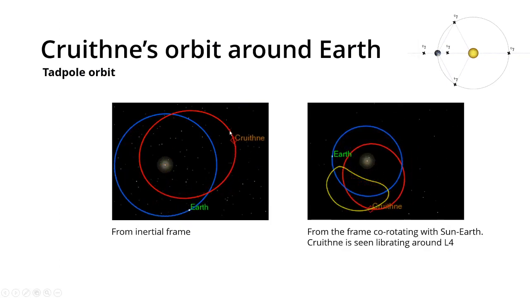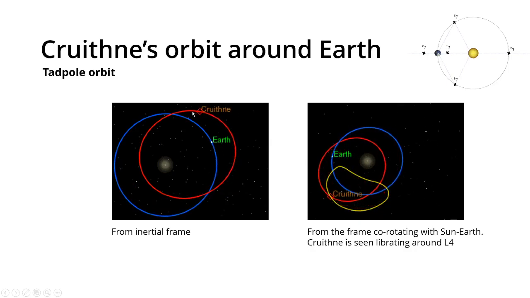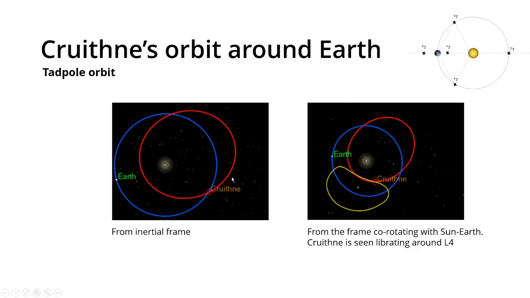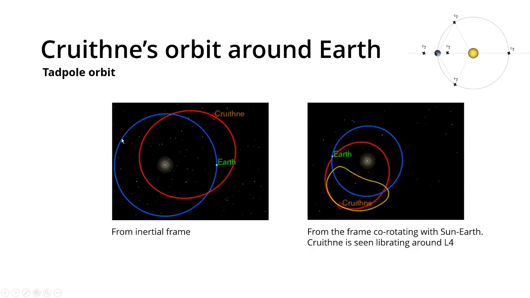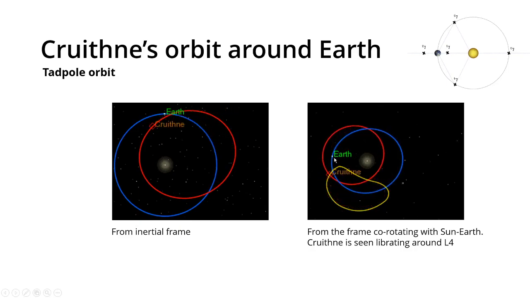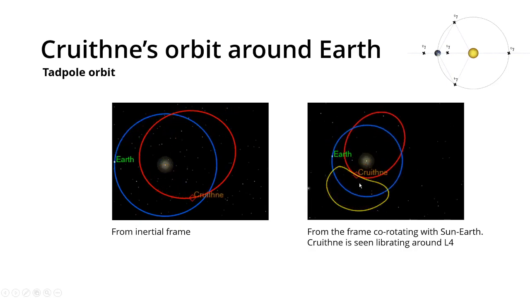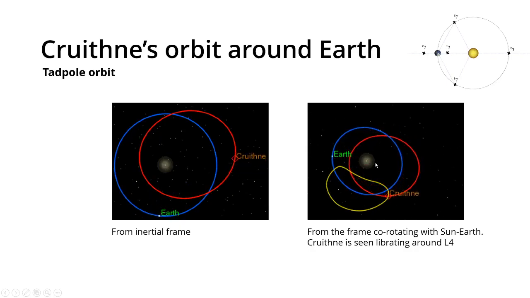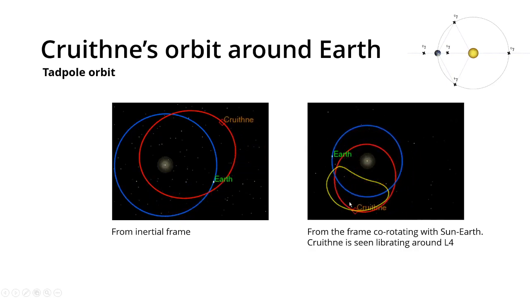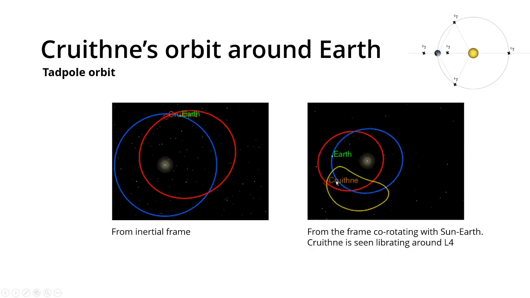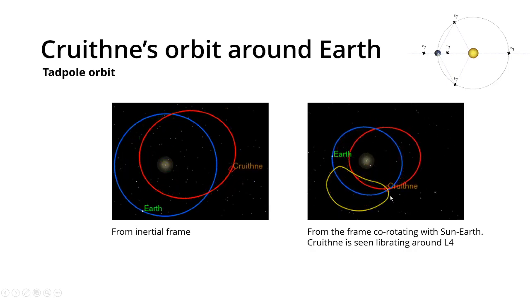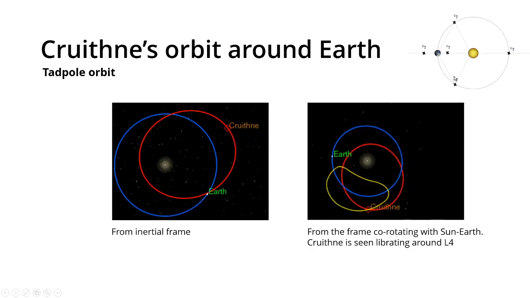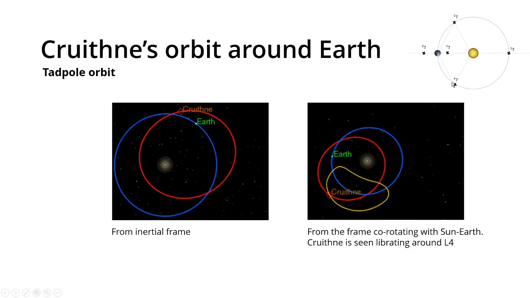So Cruithne is a space object. It's a big rock. It kind of makes sense if you look at it from here. Yeah, that's an elliptical orbit. This is the Earth in a circular orbit. But if you imagine it as a three-body system, Earth, Sun, and around L4, you can see this Cruithne is having a tadpole, horseshoe orbit around L4.